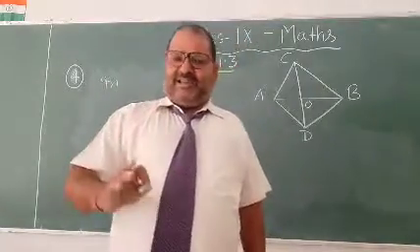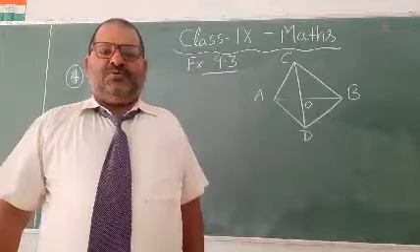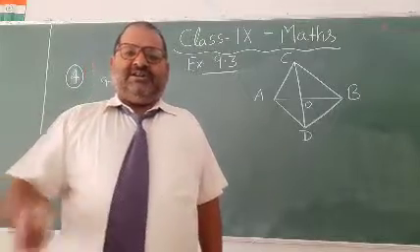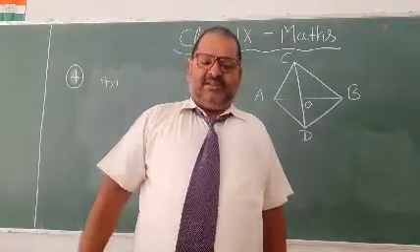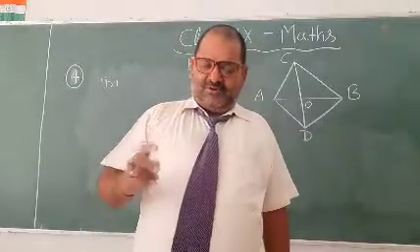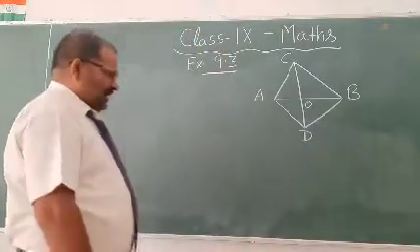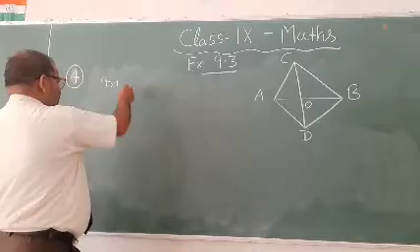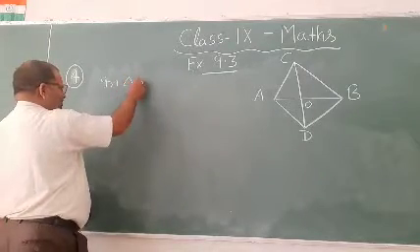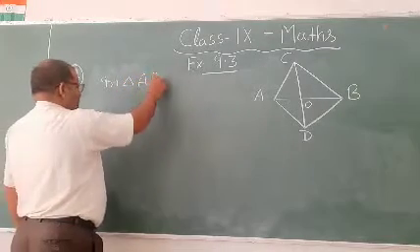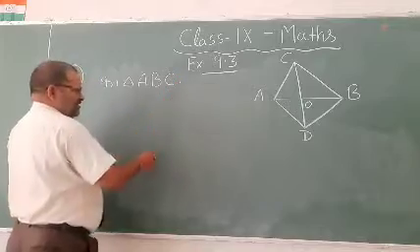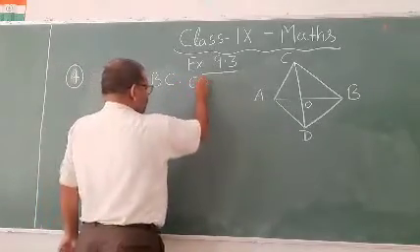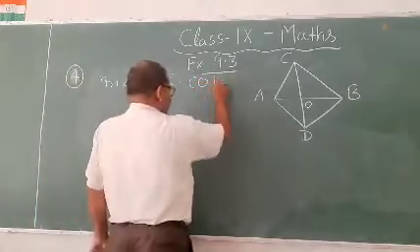CD is bisected by AB at O. So in triangle ABC, CO is the median.